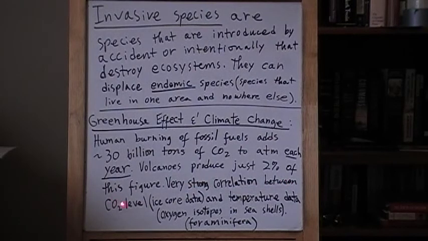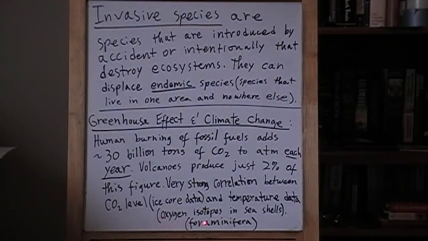So we need some CO2 and greenhouse effect, but too much CO2 is not good because there's a very strong correlation between CO2 level, as evidenced from ice core data, and temperature data. So the temperature of seawater can be measured by oxygen isotopes that are deposited in seashells. And if you take a core from the sea bottom, it contains these seashells, these tiny shells called foraminifera, and within those shells you can measure the oxygen isotopes.